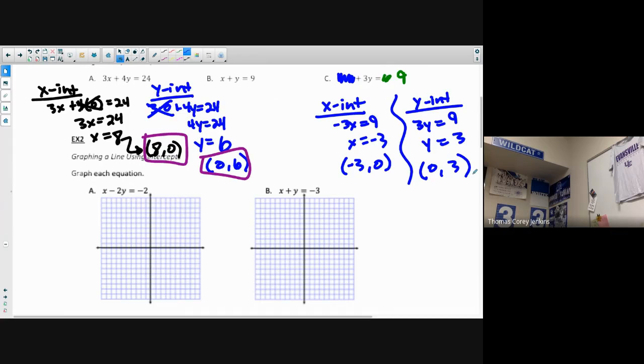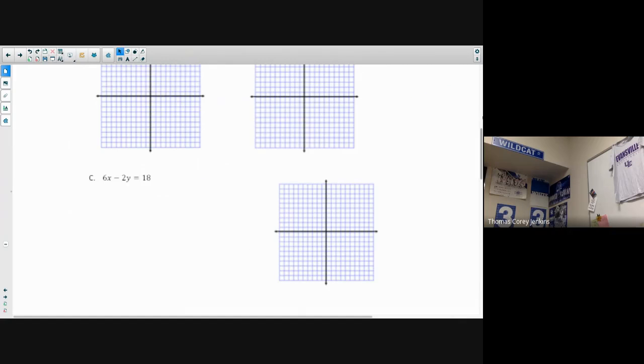All right, so you know what most people will do when I give you this equation on a test is you'll solve this equation for y and then you'll graph it using slope-intercept form. You're doing more work than you need to do there if you do that, because finding the intercept should be the easiest way to graph these.